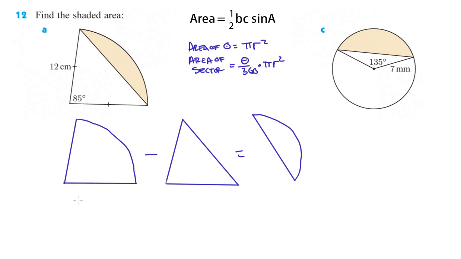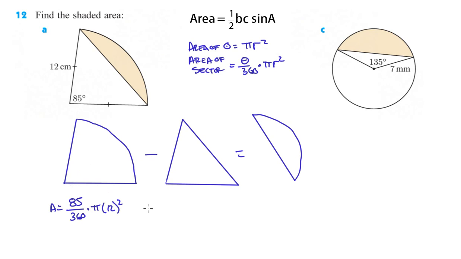So area of the sector on this one here is going to equal the angle 85 over 360, because it's 85 360ths of a full circle, times pi times our radius, which is 12 squared.